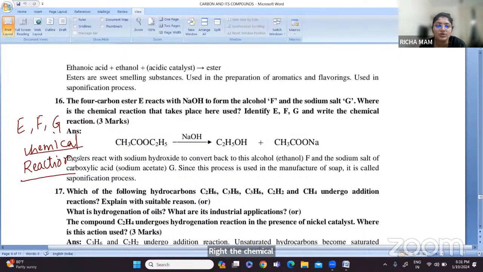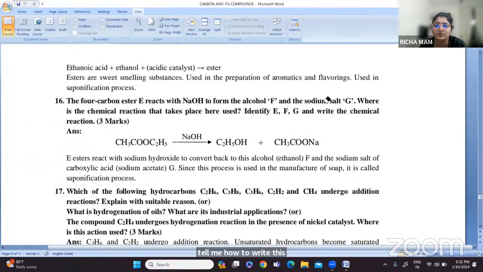Okay. Now can you tell me how to write this? The four carbon ester E. What is the four carbon ester here? CH3, C double bond O, CH2 and CH3.